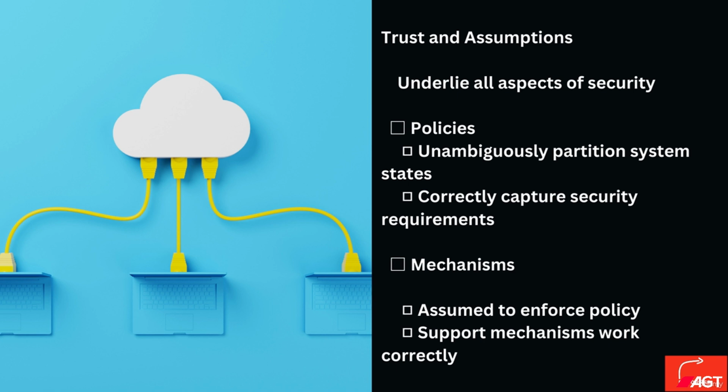When trust is lost, the system's security is jeopardized, and security events are possible. As a result, it is crucial to validate assumptions, confirm their veracity, and build system confidence through thorough testing and review. The core ideas of trust and assumptions are what all aspects of security in the cloud environment are based on.